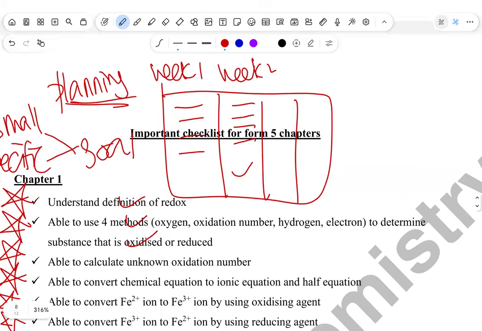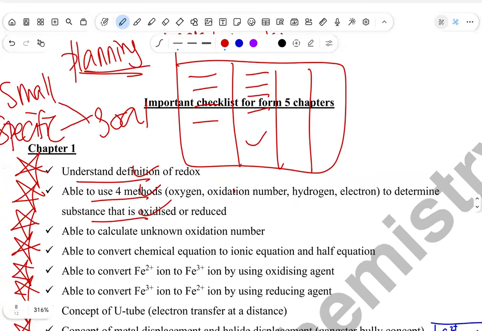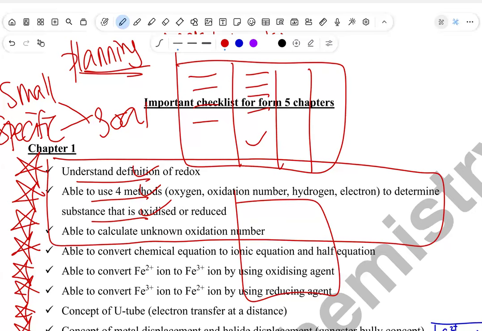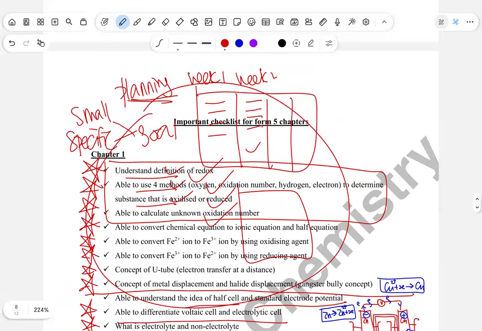So after you study this, use active recall. After you study, ask yourself, do I know this already? So this checklist is really helpful. I gave you this checklist today so that you can employ active recall in your revision program.